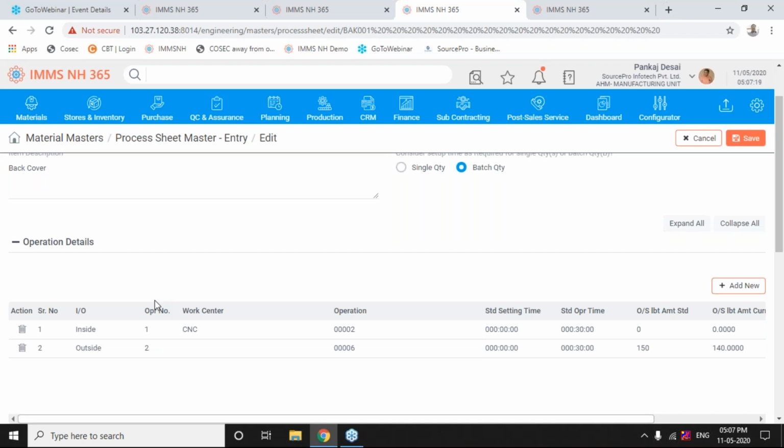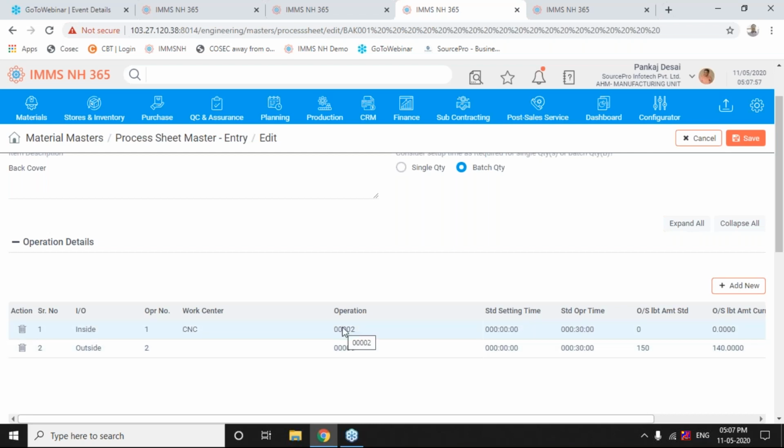Time and motion is a subject which is very well defined in industrial engineering. People who have been experts in this area, and industries seek their guidance to streamline their manufacturing processes and operations. So this is a part of that. Companies have this standard information available, so they can give that this is the sequence of operation. It will be performed on this work center. As I said, a work center can be of machine type, can be of labor type.